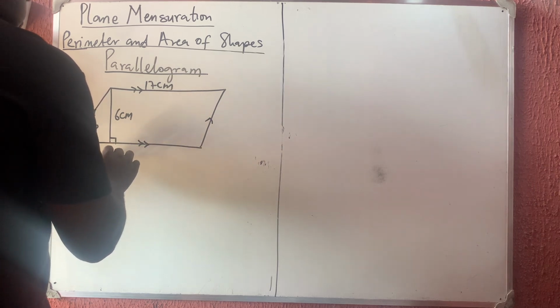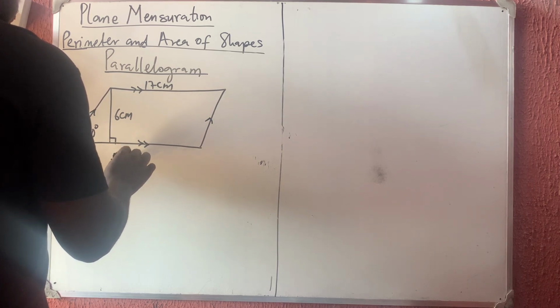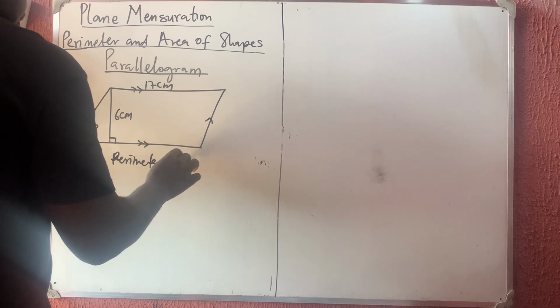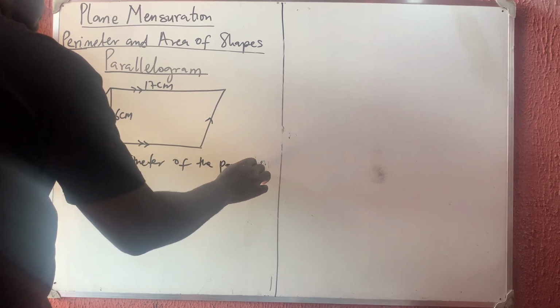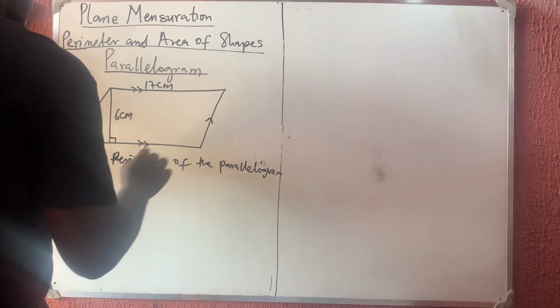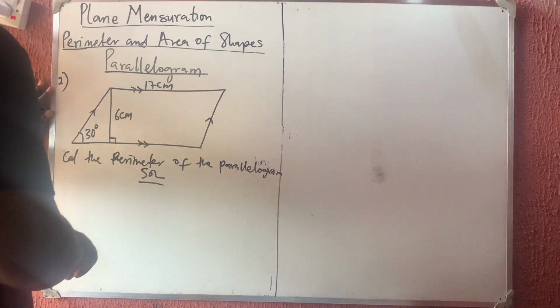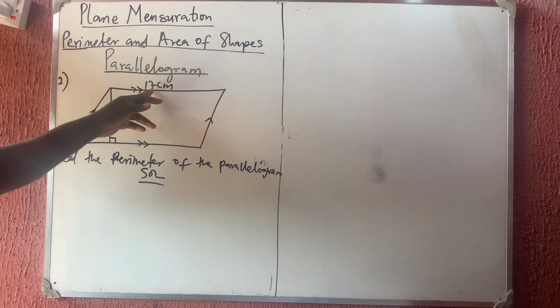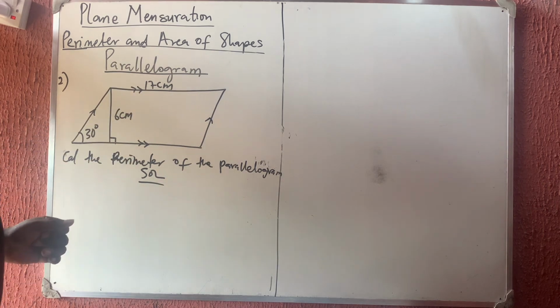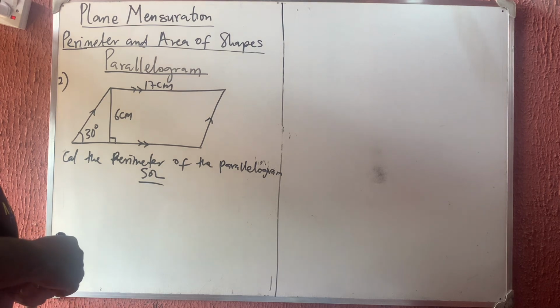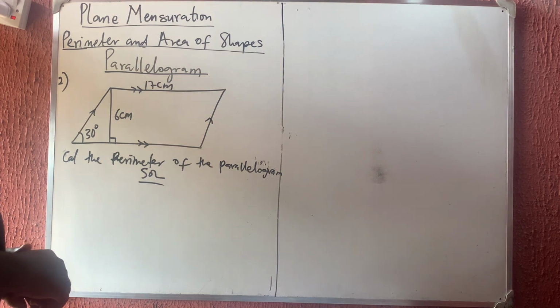They say we should calculate the perimeter of the parallelogram. Okay, solution. Now, you know that if here is 17, this side is 17 because the opposite sides are equal.